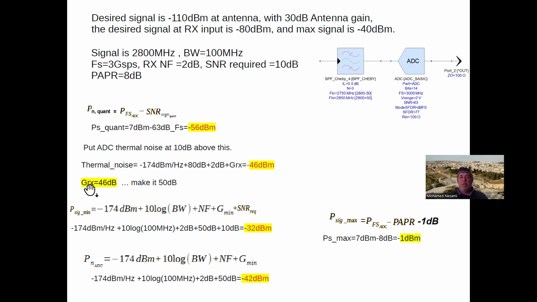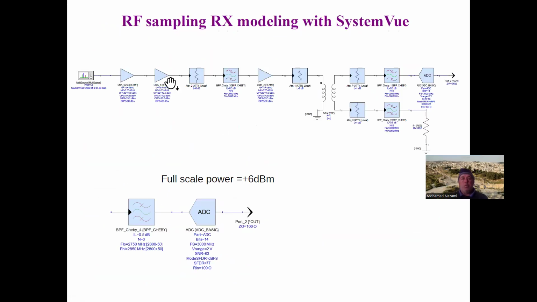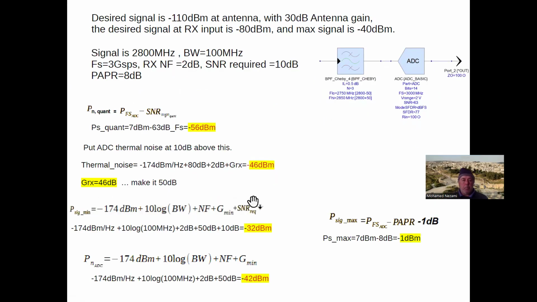That tells me the receiver gain has to be 46. So let's make it 50. Let's put an extra 4 dB in there, so the overall receiver gain from this point to this point has to be 50 dB.